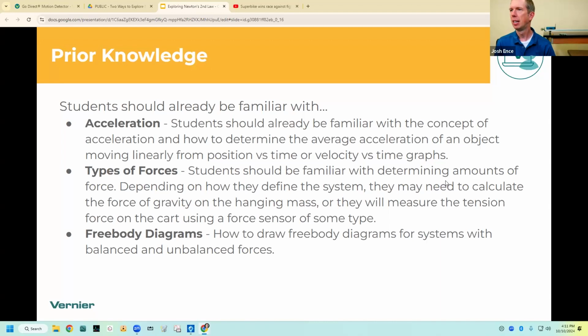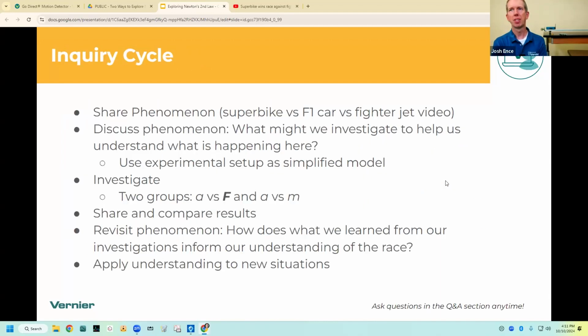All right. So the idea here around the inquiry cycle is, first we're going to share a phenomenon. I'll share that with you next. Basically, it's a YouTube video that shows a race between a motorcycle and some cars and a fighter jet. You'd share this with your students.